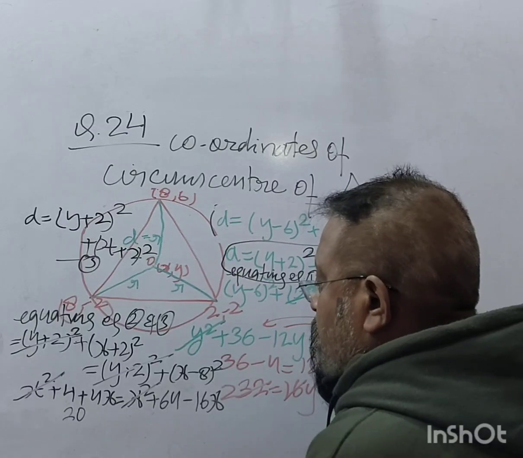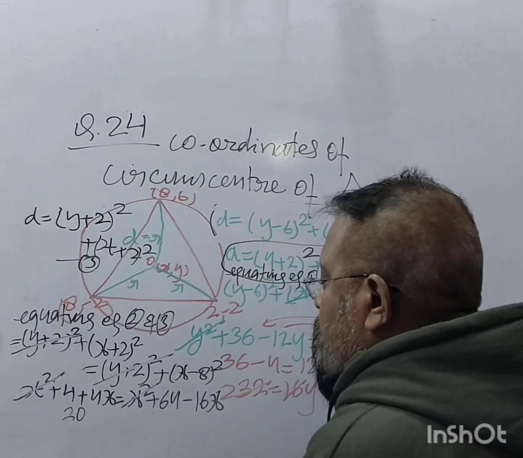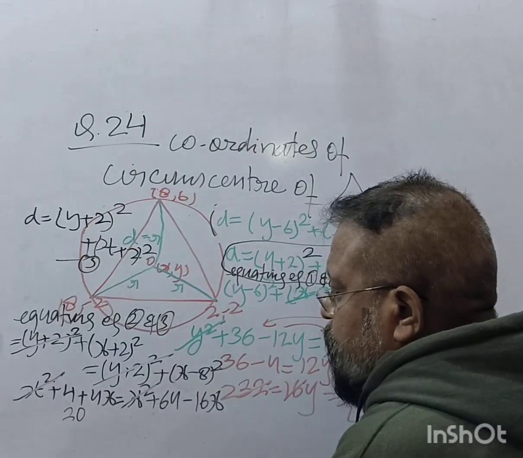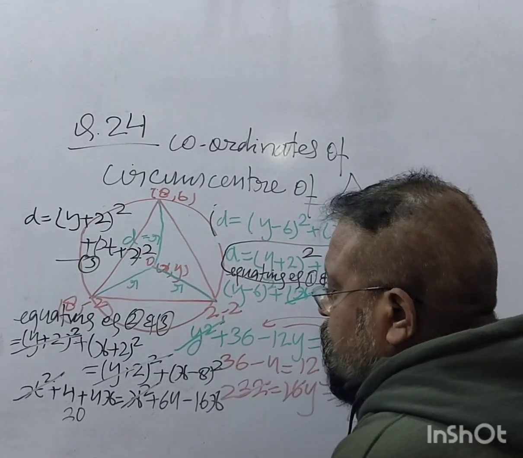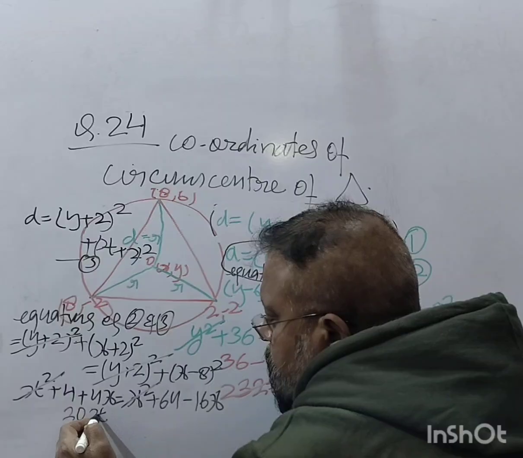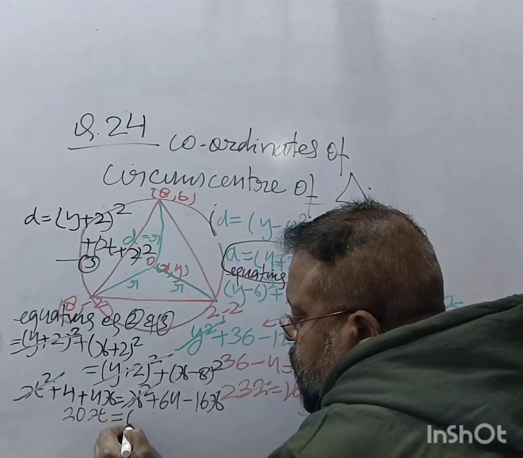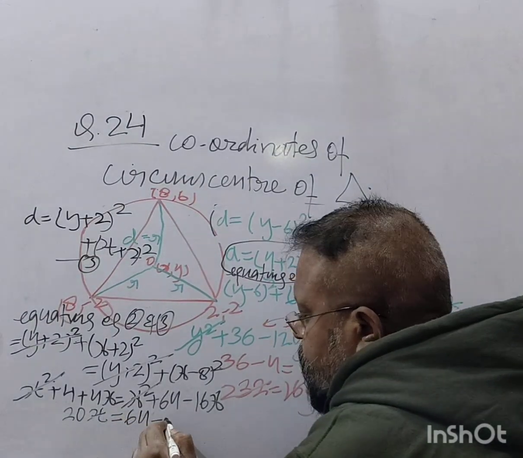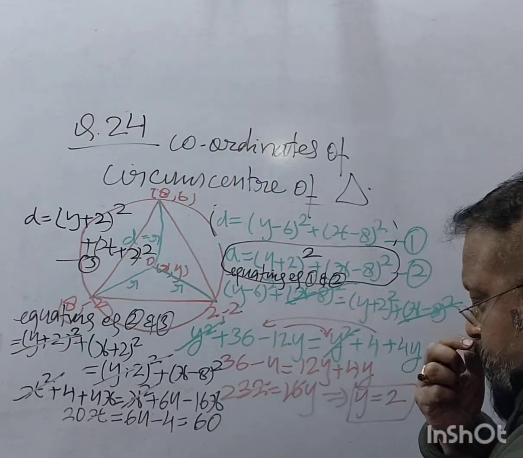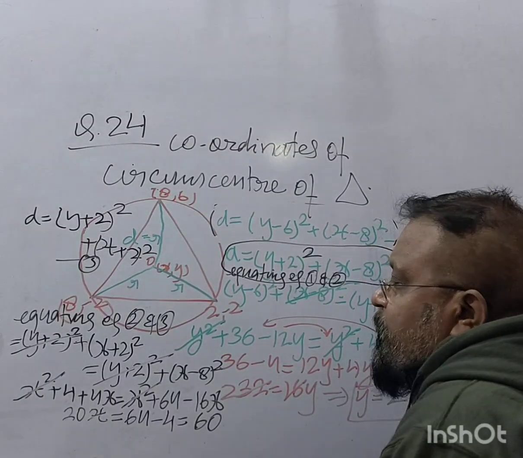And circumradius is 5 units. This is coming on this side, so it is 20x is equal to 64 minus 4 is equal to 60. So it is coming x is equal to 3.